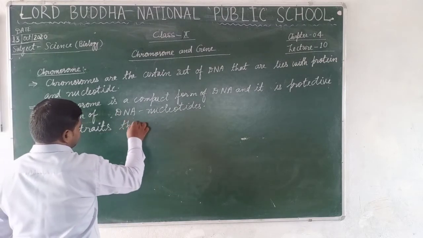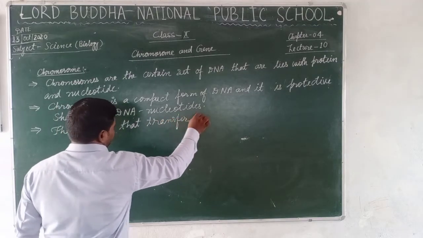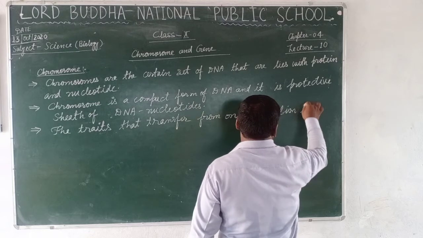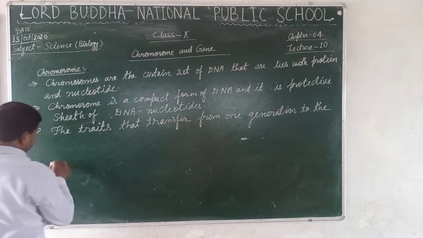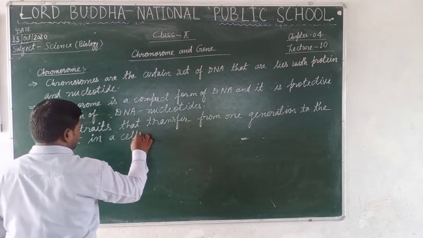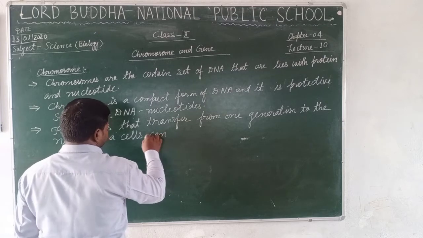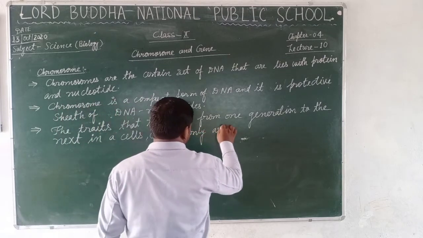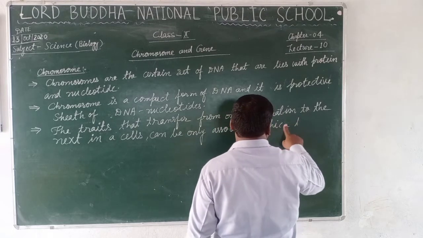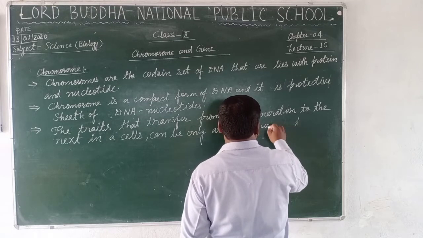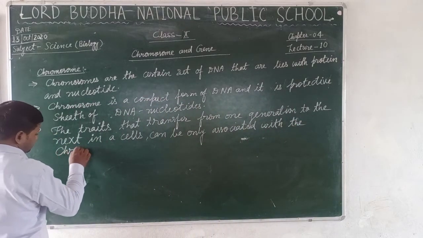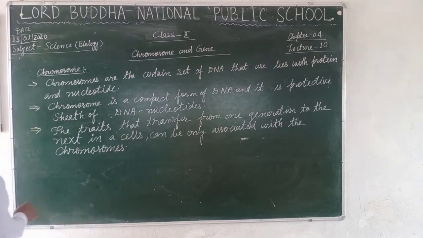The traits that transfer from one generation to the next generation in a cell can only be associated with the chromosome.